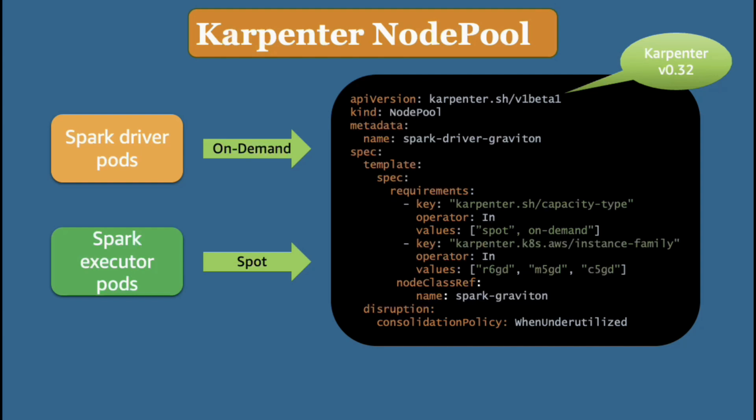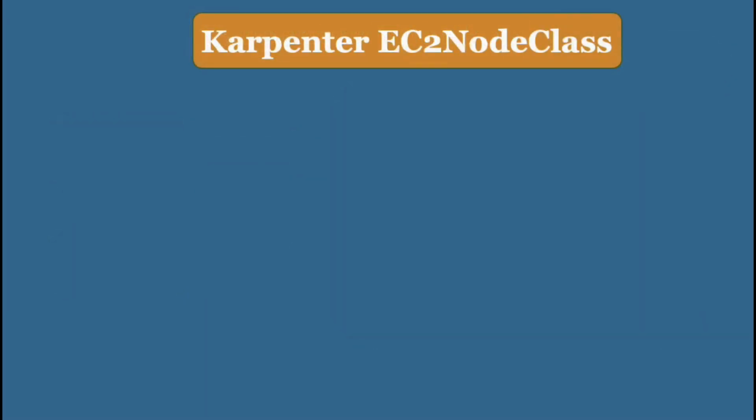So specialized instance types we are using depending upon the use case, and it will also refer to one more object called node class reference that we will discuss in a minute. So this is one of the very sample configurations for the node pool, and this is available from Karpenter version 0.32 onwards.